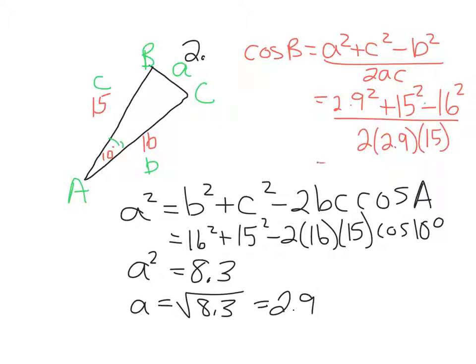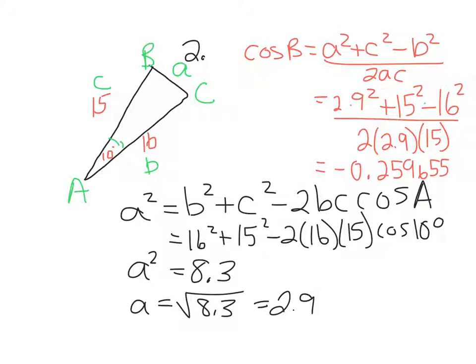So if we plug that all into a calculator, you get negative 0.259655, etc.